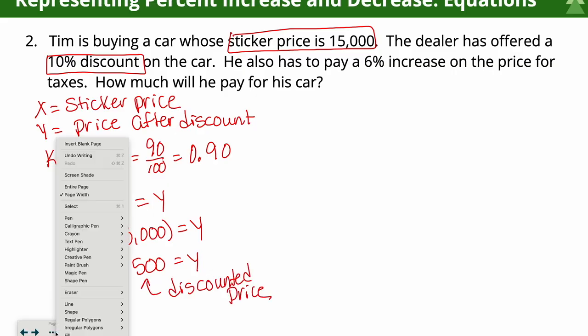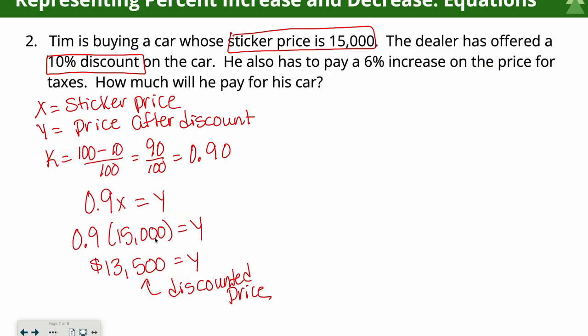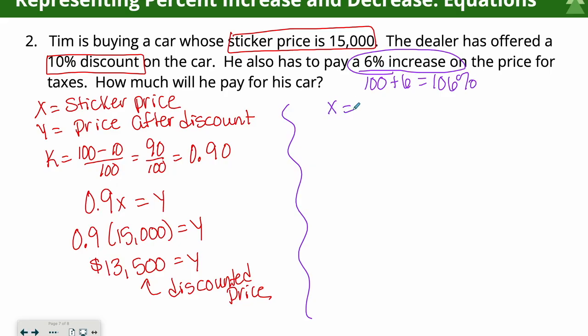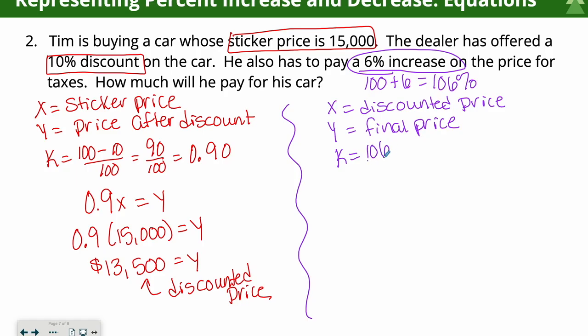Now I have to do a whole new problem to figure out the tax, and that's an increase, which means we're going to do 100 plus 6, or 106% of the original. Now x is the discounted price and y is the final price. K, 106 divided by 100, is 1 6/100.